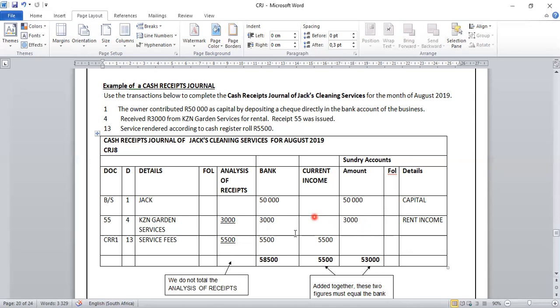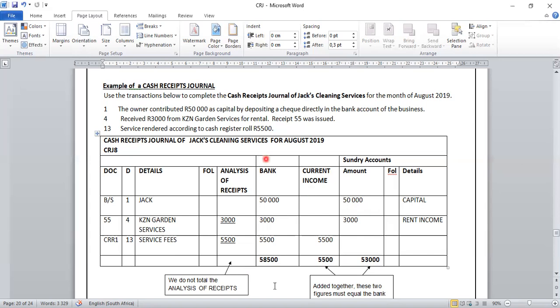Learners, we are also casting the journals here, where we are adding up our columns. Bear in mind, very important, we do not add our analysis of receipts column. We are adding our sundry amount column, which is 50,000 plus 3,000, which amounts to 53,000. Then our current income column is 5,500.